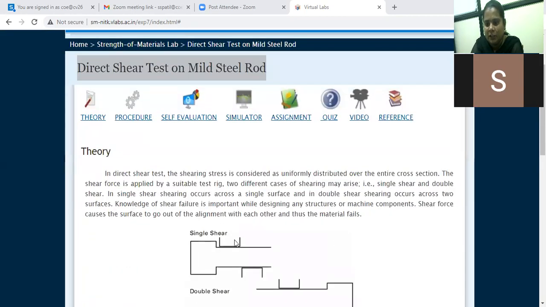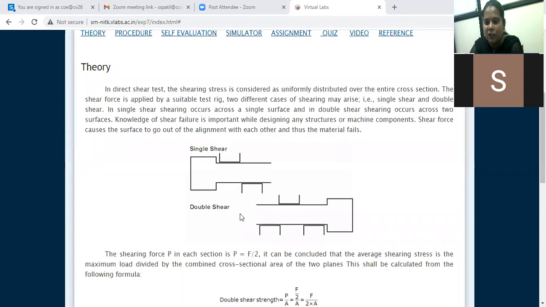This test is performed for finding out double shear strength or shear strength using a universal testing machine. In that we have single shear and double shear. How do we identify single shear and double shear?